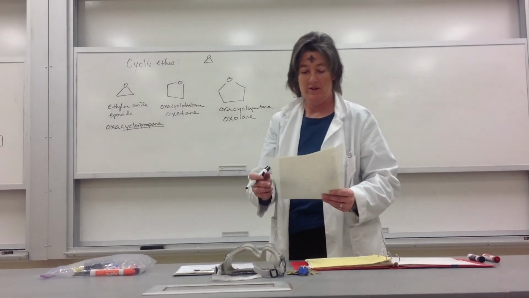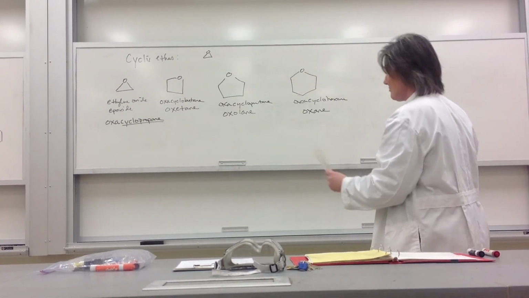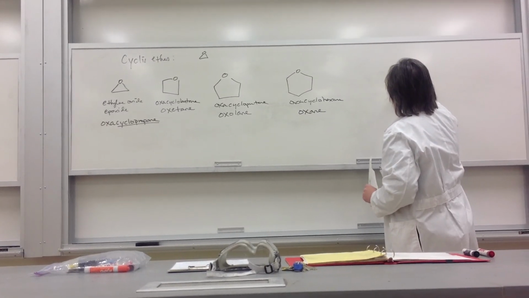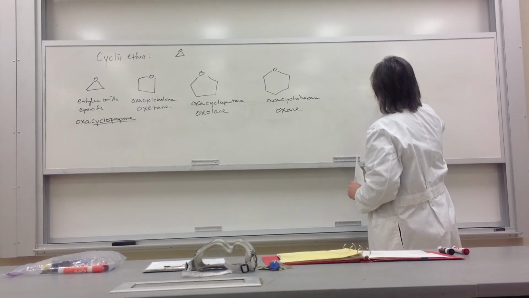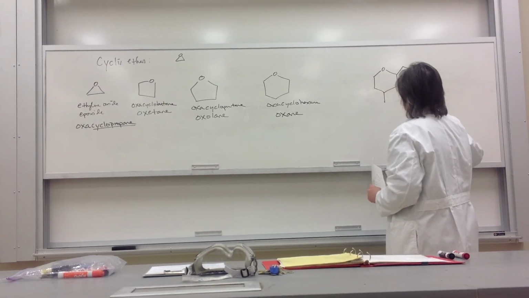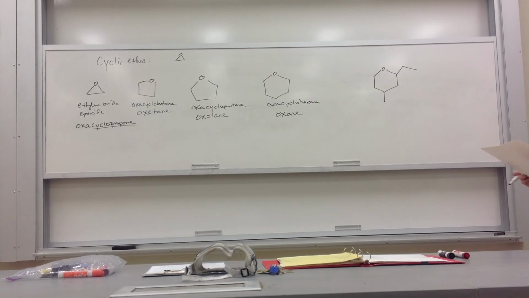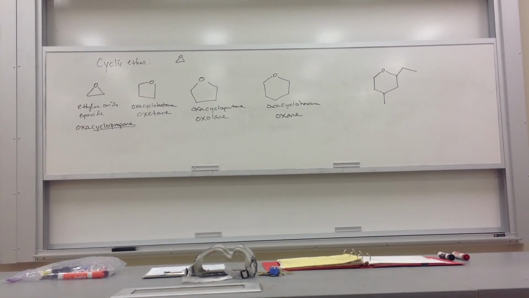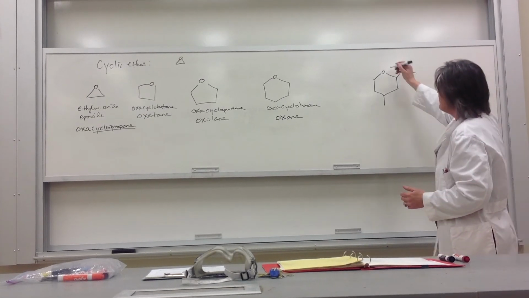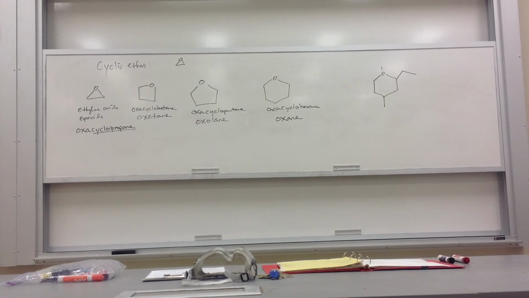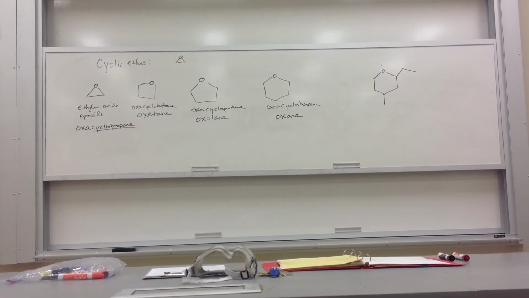So, when you're naming these things and they have substituents on them, let's just do a quick example. Let's say you have this, like that. So, this is number 1. The oxygen in the ring is number 1. Then you just put on its substituents with numbers appropriately and give it its parent name.